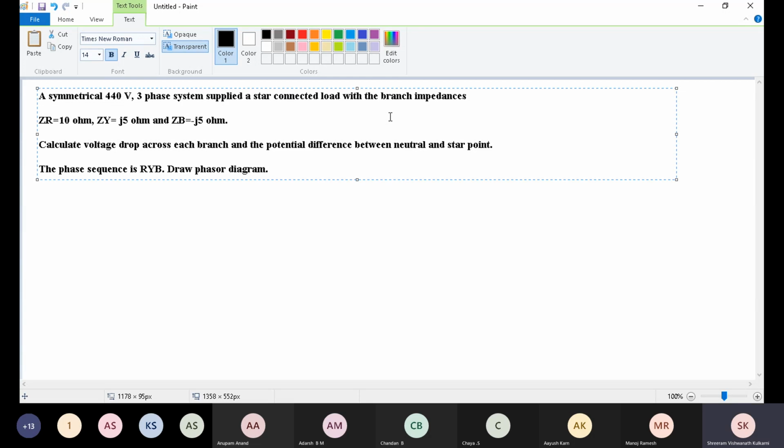Now we need to calculate the voltage drop across each branch, and the potential difference between neutral and star point, that is VRN, VYN, VBN.